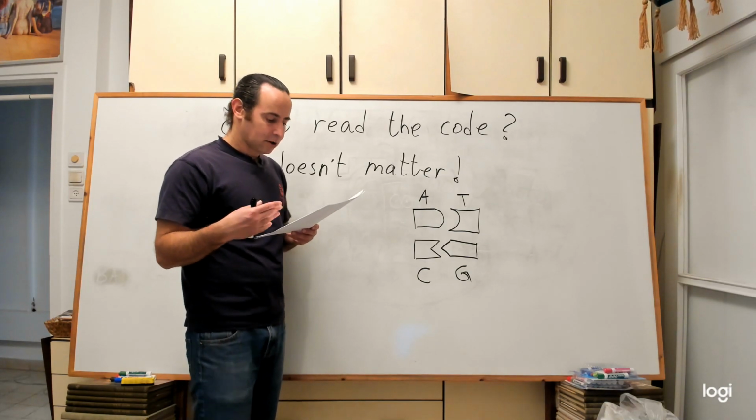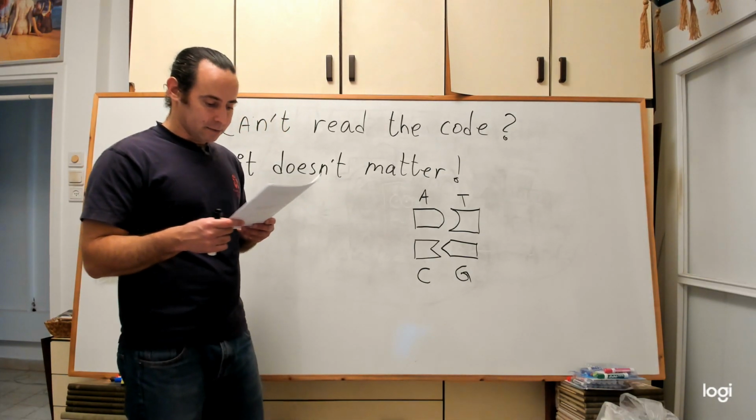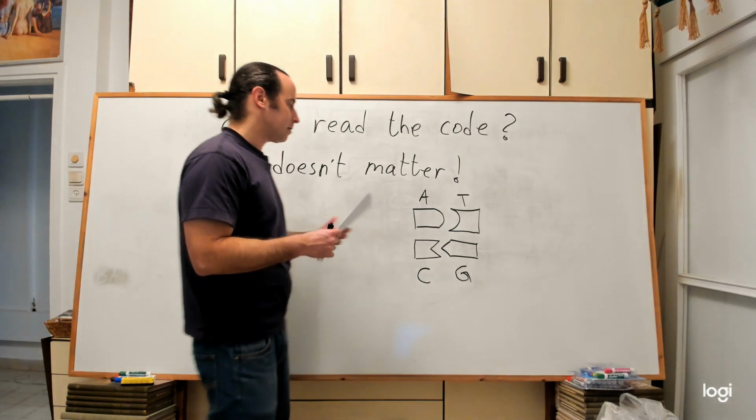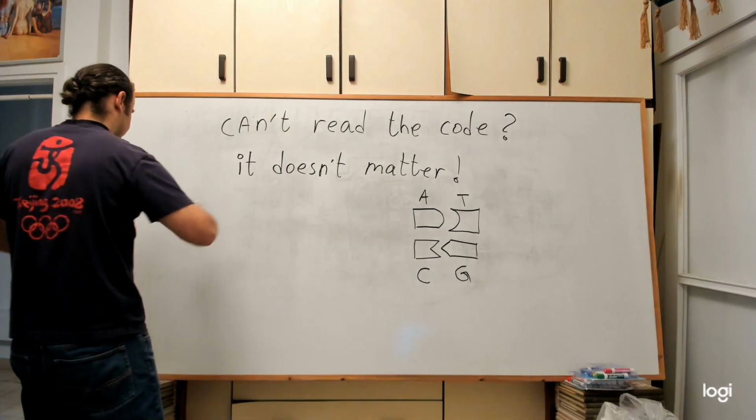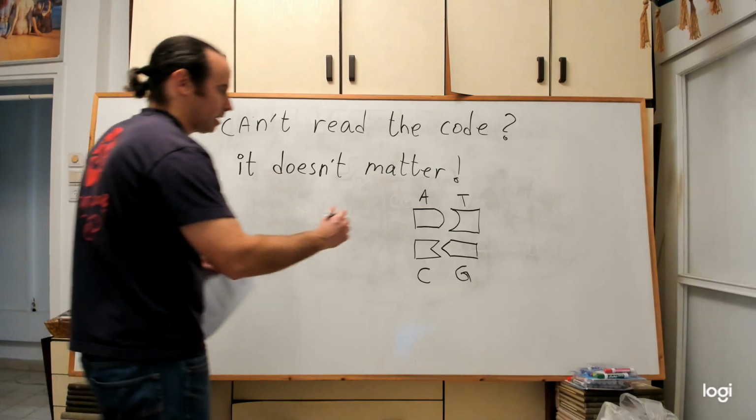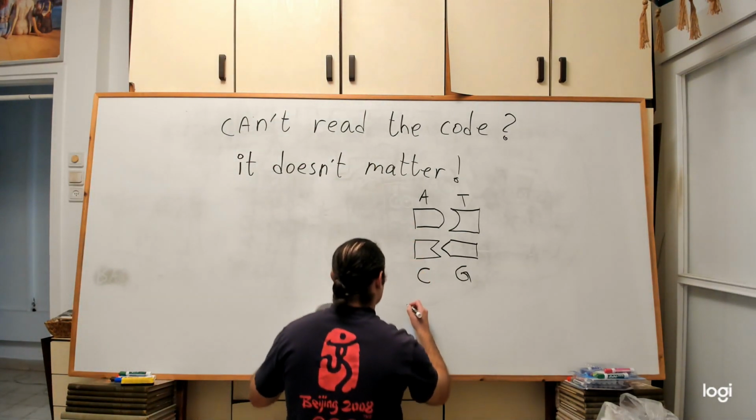Assembly language has 16. So this is a genetic code.